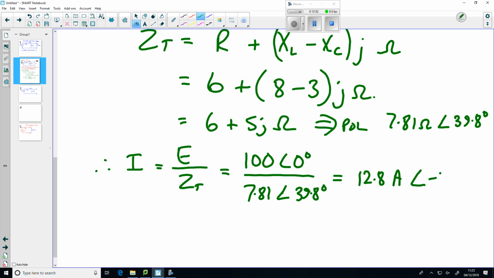A point to make here is that XL, 8, is greater than XC, so overall this circuit is inductive.